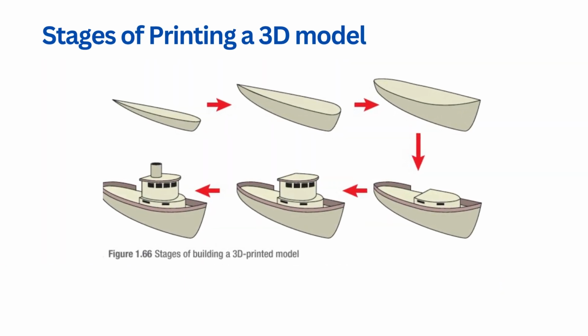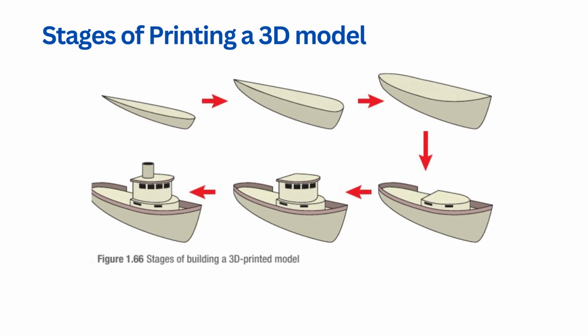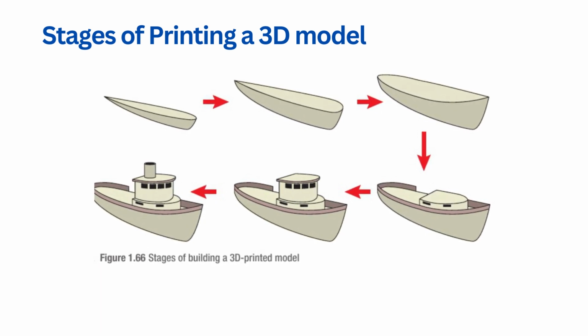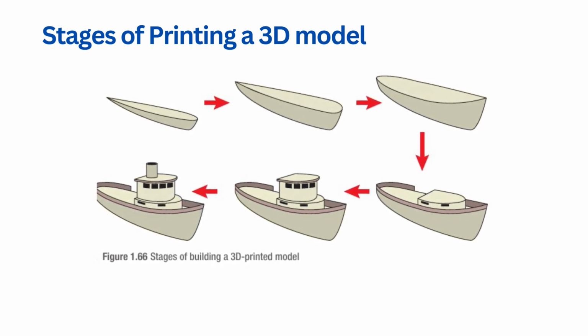This shows how a 3D model is being printed in several stages. You can see with the red arrows how it's getting printed.